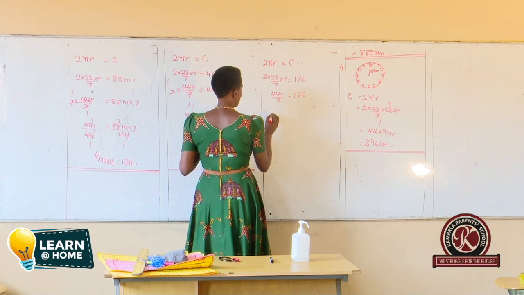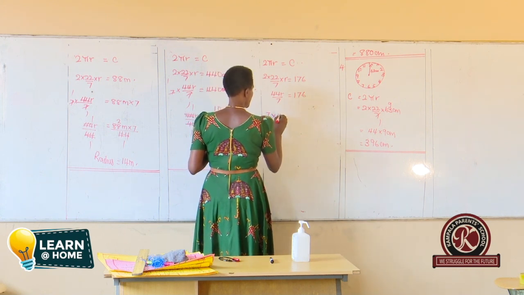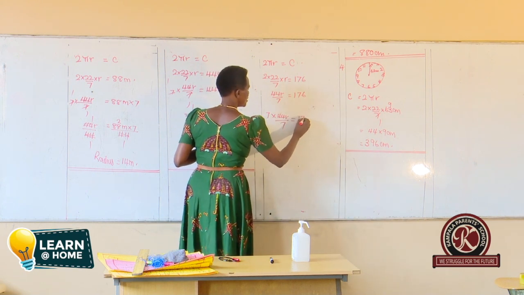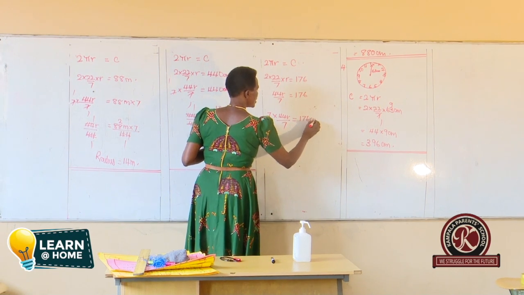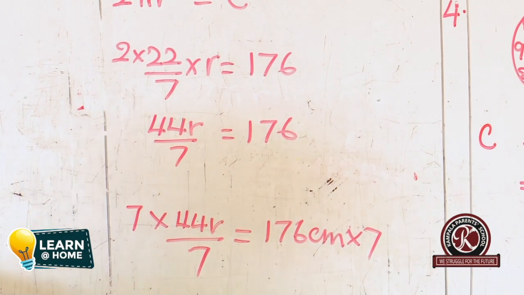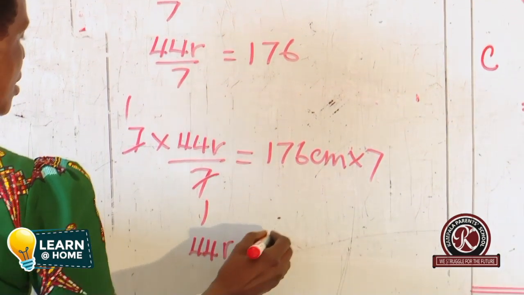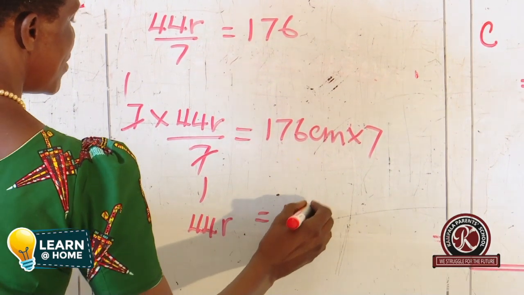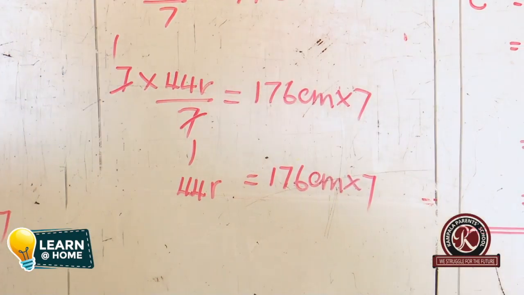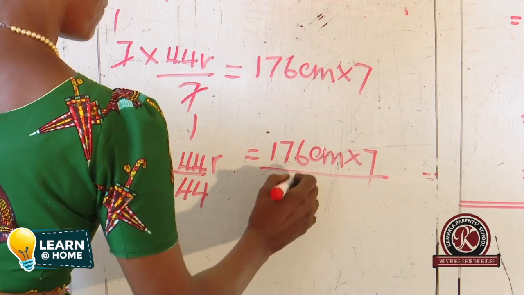So what do we have? We multiply 7 by both sides. 44r out of 7 will give us 176 centimeters times 7. Cancel this. We have 44r equals 176 centimeters times 7. Divide both sides by 44, which is the coefficient of r.